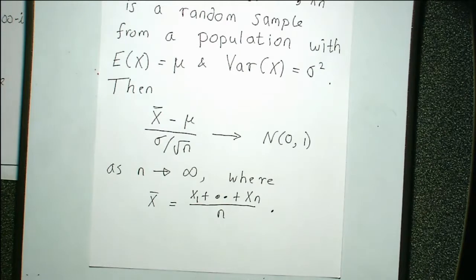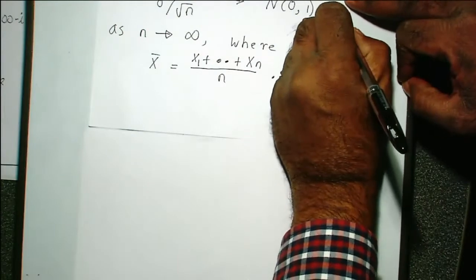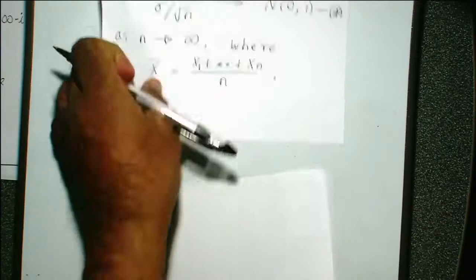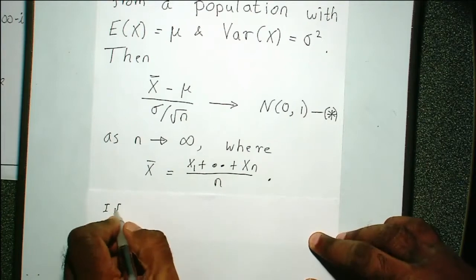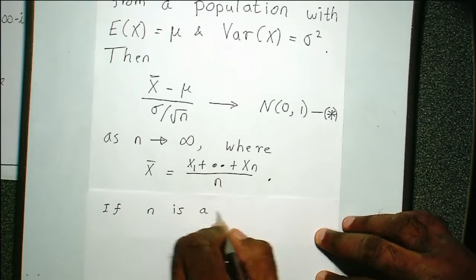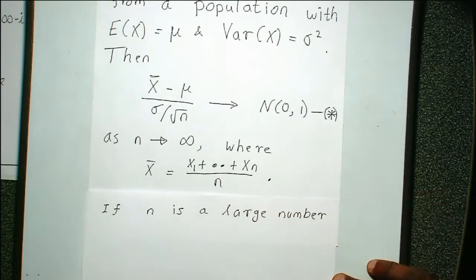So what we can do from this is the following. Let me call this star. If n is large enough, then using star we can approximate the distribution on the left-hand side by the standard normal distribution.